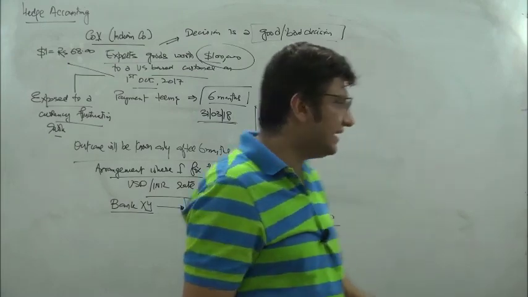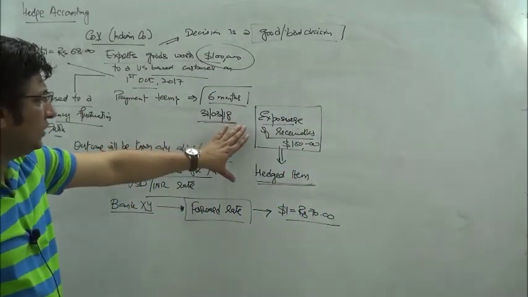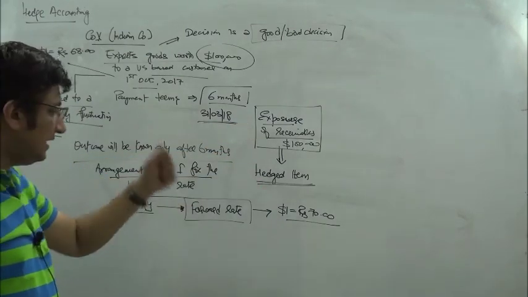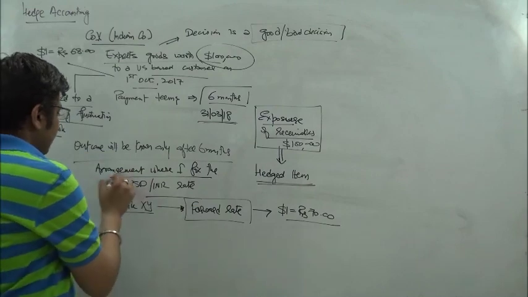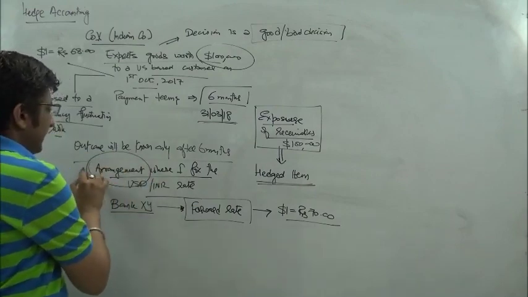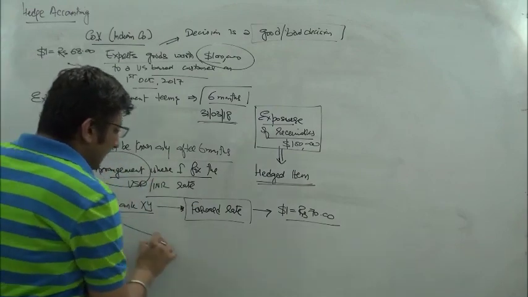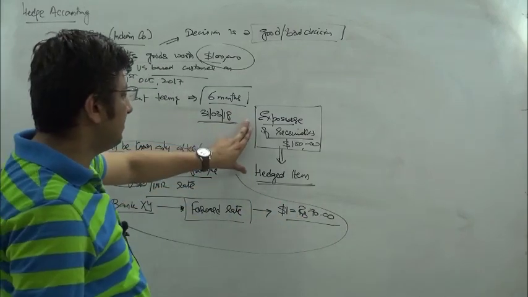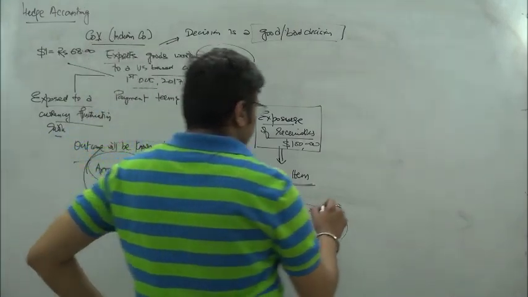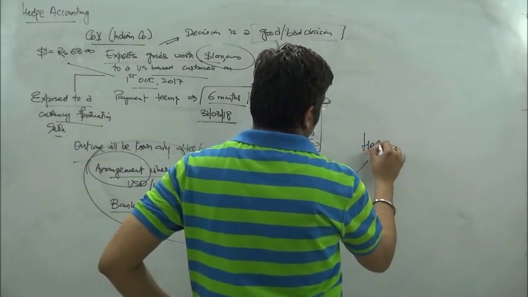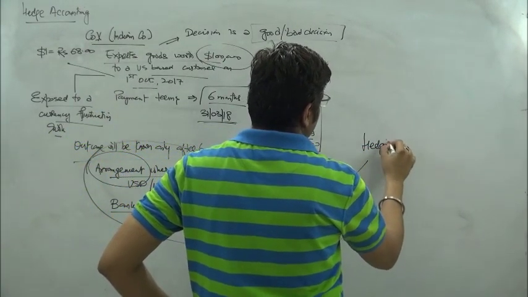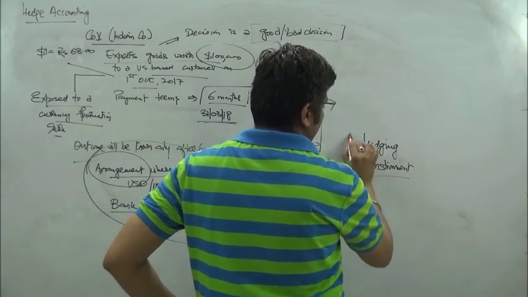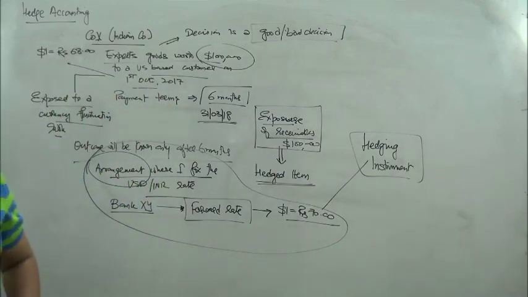Okay, so if I say that I'm trying to protect something, I name that something as the hedged item, and the thing that I use, the arrangement or the contract that I get into through which I'm trying to protect my risk, is referred to as a hedging instrument, right?